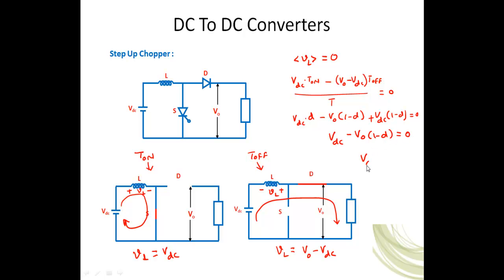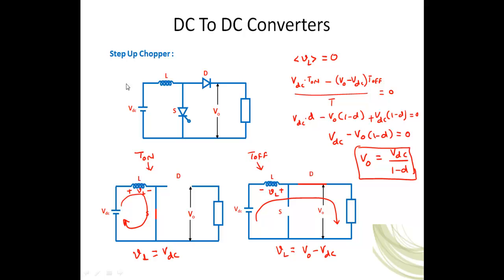From this you can get V0 equal to VDC divided by 1 minus D. So this is the average voltage equation for the step-up converter.